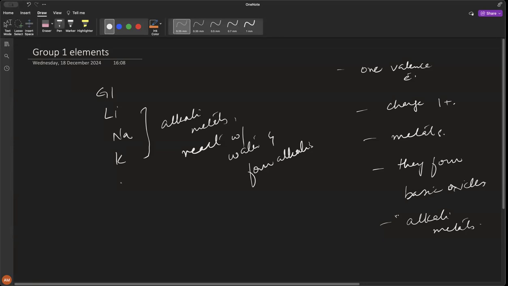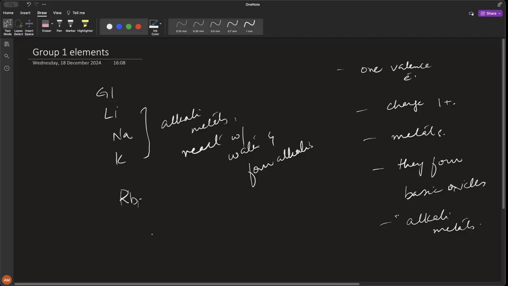There are more elements. Potassium, rubidium is there, and generally you don't need to go further from there. There are more, but generally they are the ones.